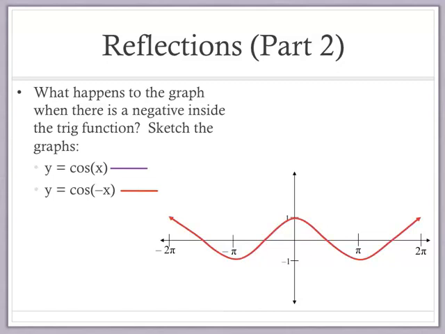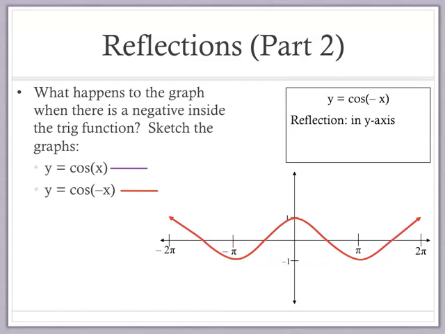It's only because cosine is an even function that this works. If you had the function of sine and you reflected it across the y-axis, you would not have the same thing. All right, so in the box there, you can write y equals cosine of negative x is a reflection in the y-axis.